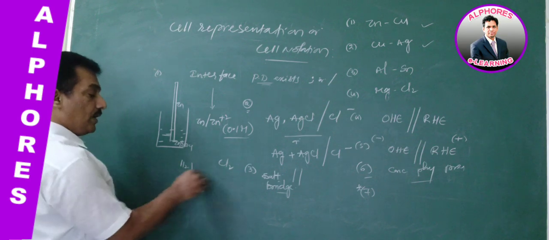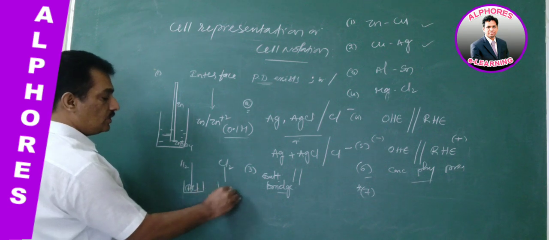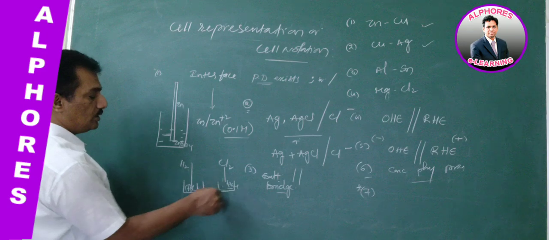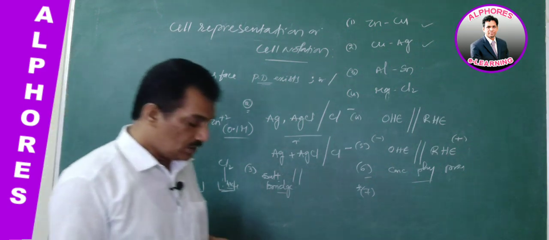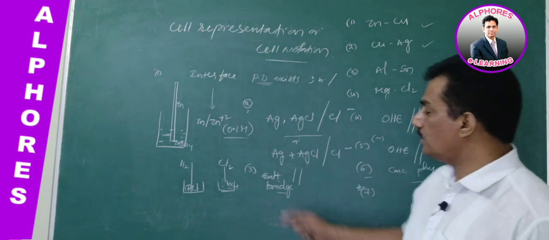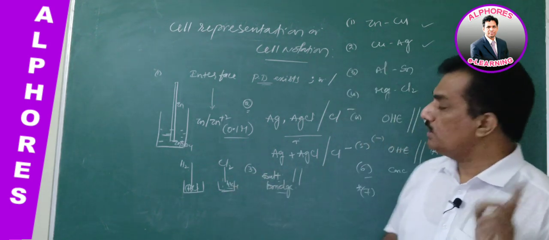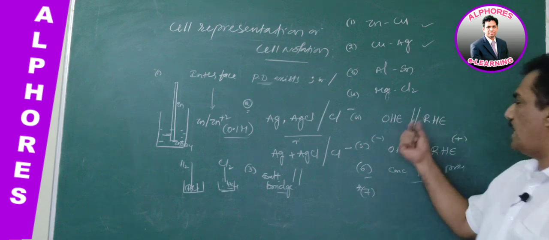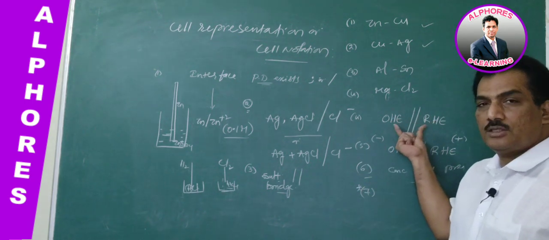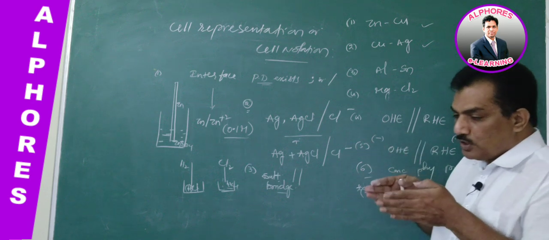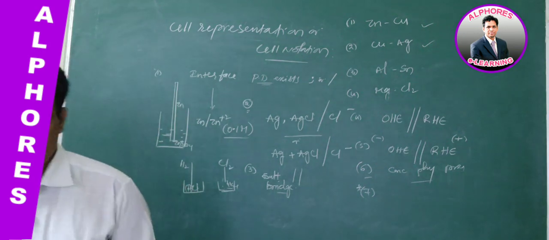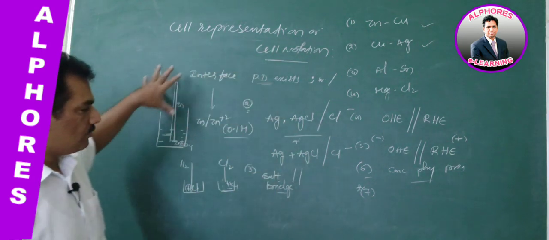And for chlorine also we can use the same HCl as electrolyte, because chlorine is also present. That is when two half electrodes have the same electrolyte. In such a case, that electrolyte will be represented between the two lines. Just between the two lines we can represent the common electrolyte. Clear? These are different conventions.